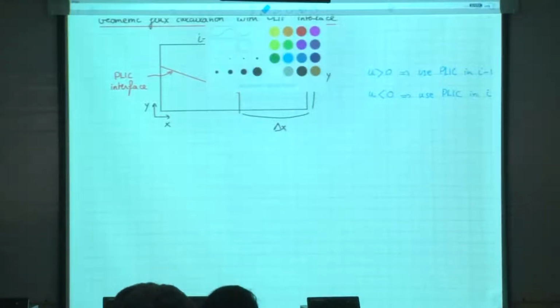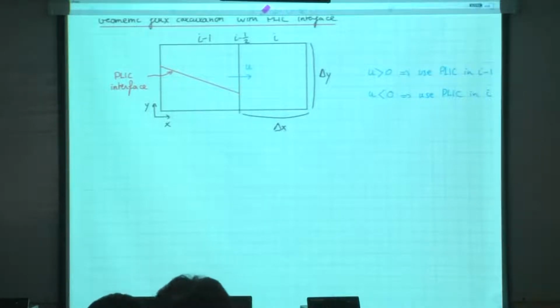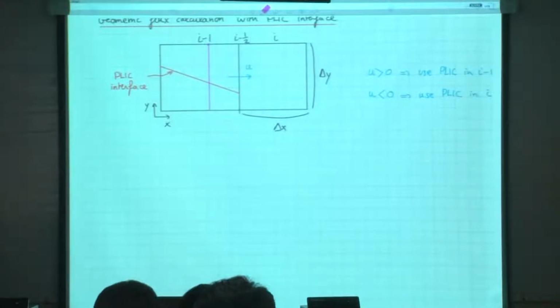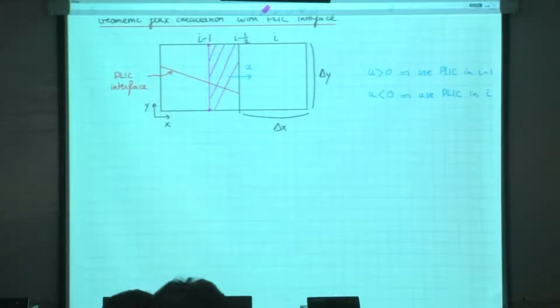So the problem we're trying to solve, we described it already. We can think of it in the context of a flux volume type of approach. What is our flux volume? It is the volume or the region of space that would have to flow through my cell face during my time step in order for my flow to indeed be going at velocity u.